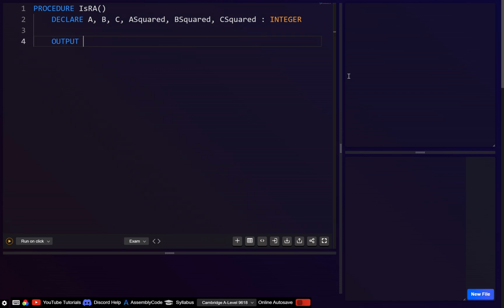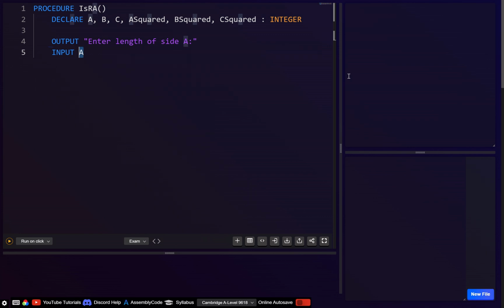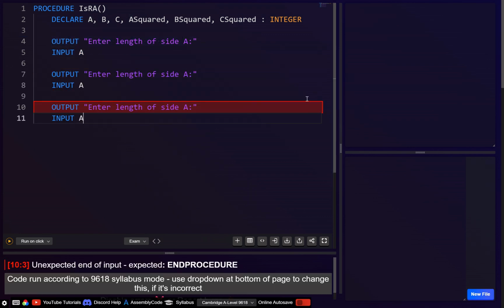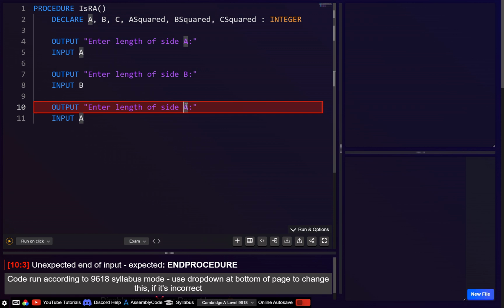So let's output "enter length of side A" and then input that. I'm going to copy these, so that's going to be B, and then two C's.